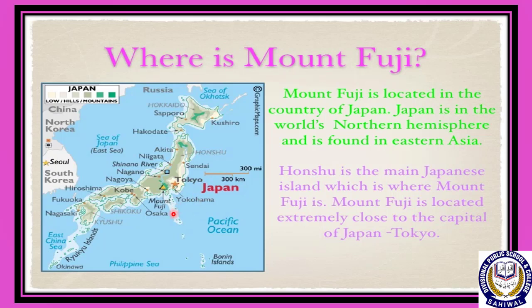Honshu is the main Japanese island, which is where Mount Fuji is. Mount Fuji is located extremely close to the capital, Tokyo. Tokyo is the capital of Japan.